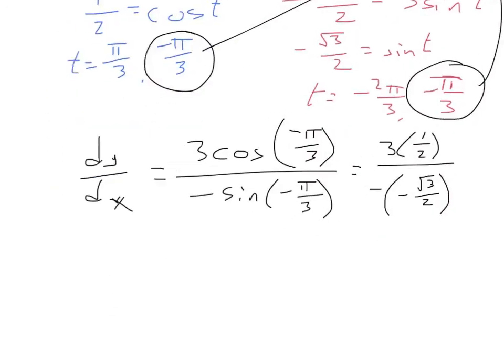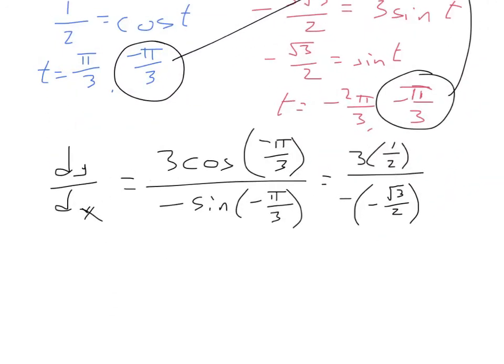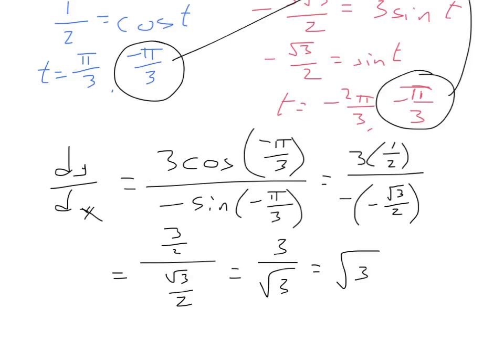So that means that my slope, my dy/dx, is 3 over 2 over root 3 over 2, which is 3 over root 3, which simplifies down to root 3. So this is my slope.